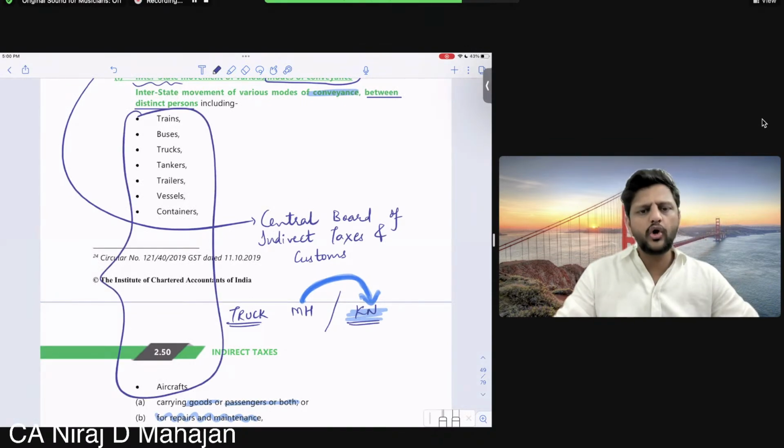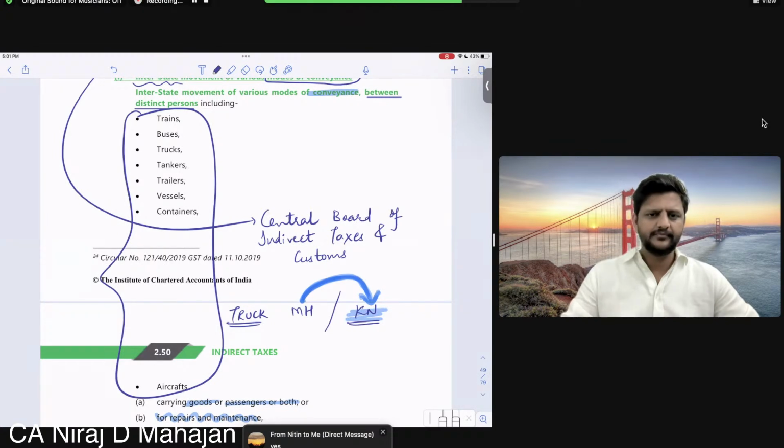Are these goods or not goods? What do you think? Trains, buses, trucks, tankers, trailers, vessels, containers, aircrafts. Are they goods or not?